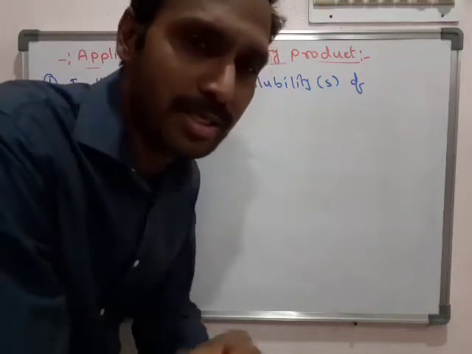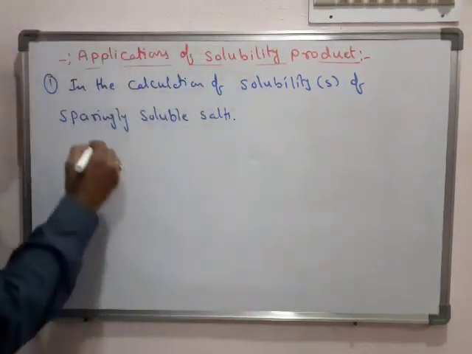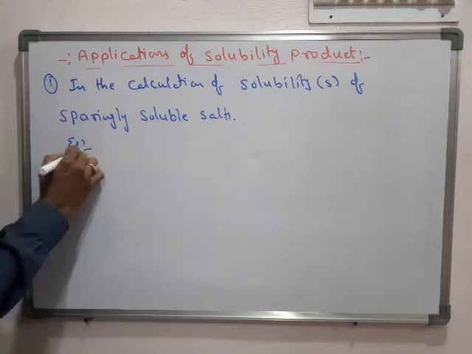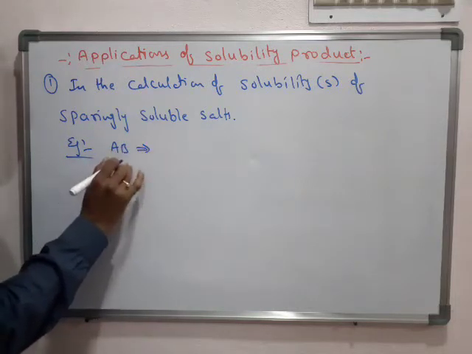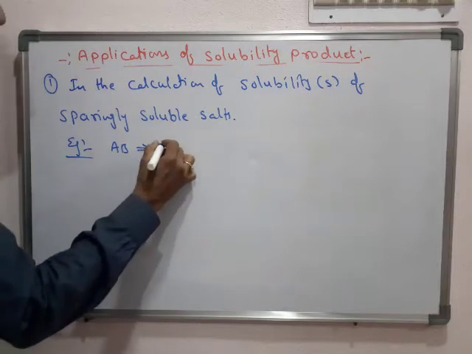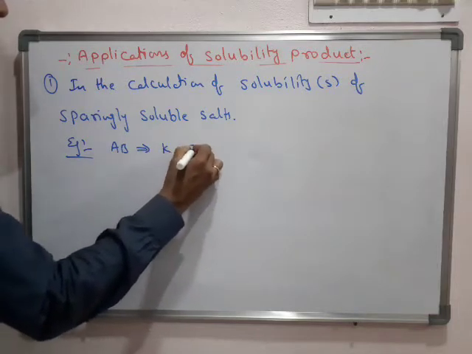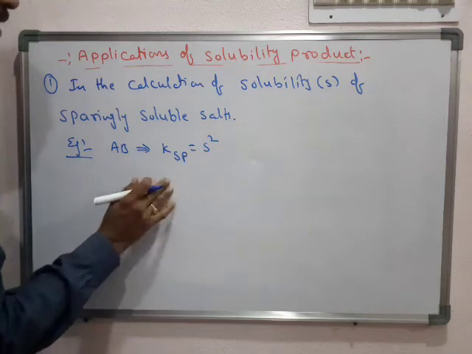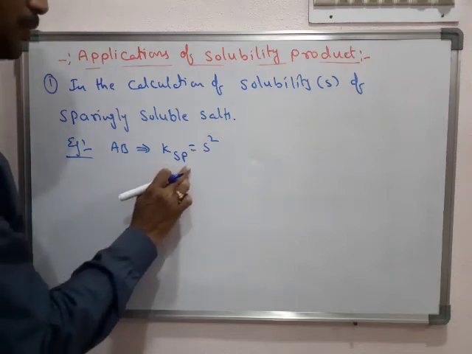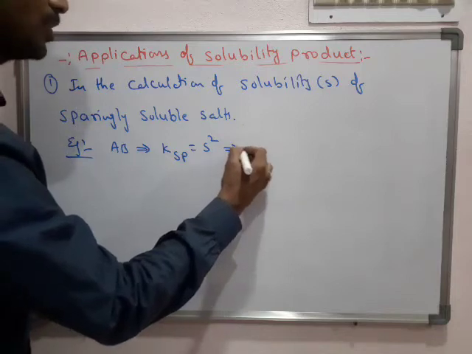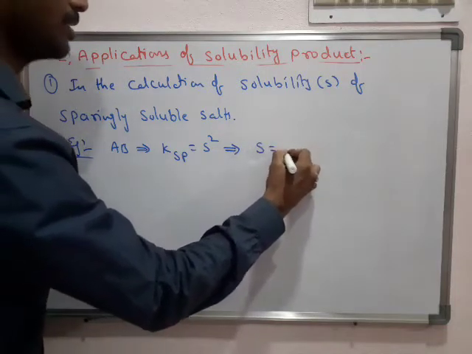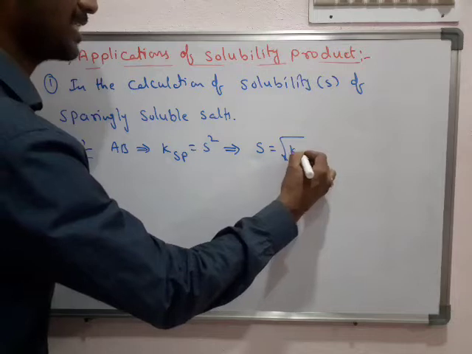So how do you find their solubility? For example, if you take AB type salts, AB type means A plus B minus, so the KSP is equal to S square. If you know this KSP value, it is equal to S square. So from this we can know S is equal to root KSP.